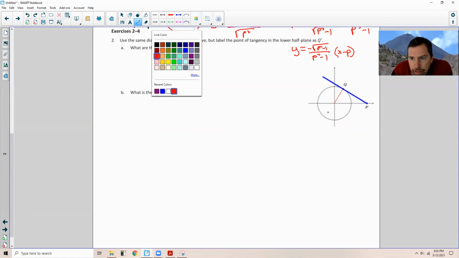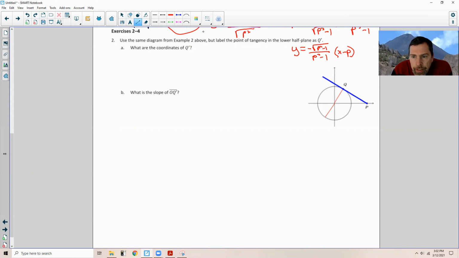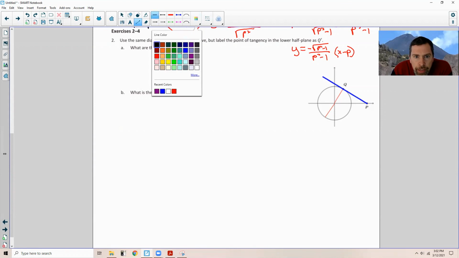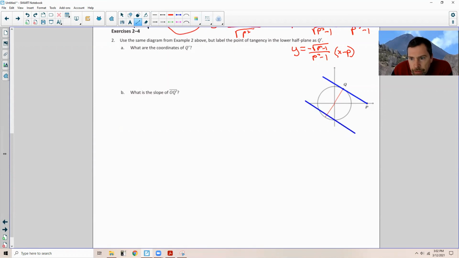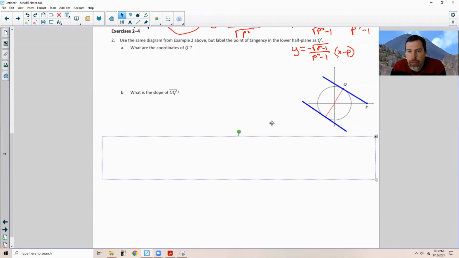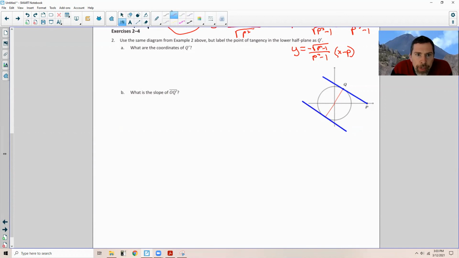Let me extend that radius from the center down to here. Okay, and then I'm going to draw a tangent to that, like so. So there we go. So we're going to name this Q prime, not Q sub 1, Q prime.